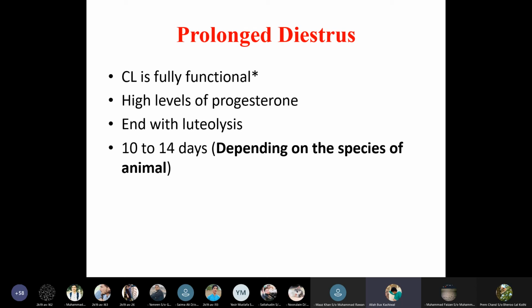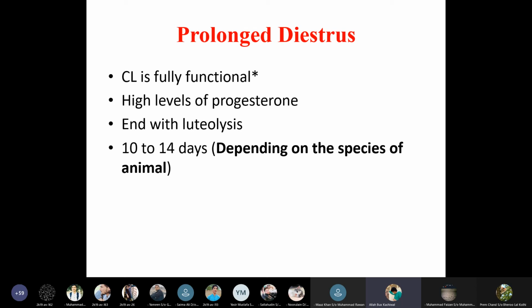And with the luteolysis, when luteolysis happens, the diestrus will end. That takes 10 to 14 days depending on the species of animal. The diestrus can be prolonged beyond 10 to 14 days if there are pathological conditions, or any reason to prolong the diestrus.